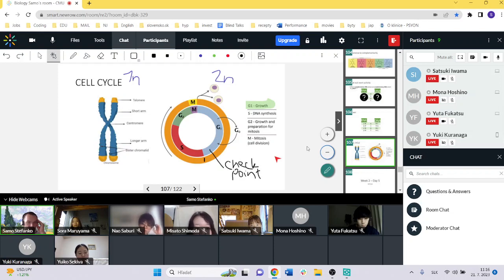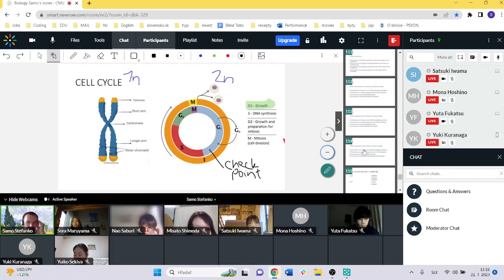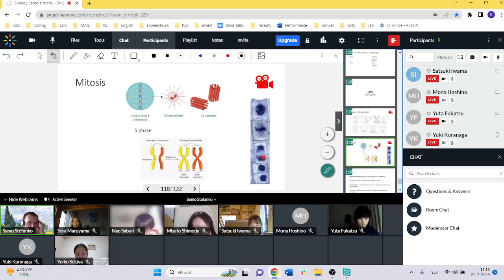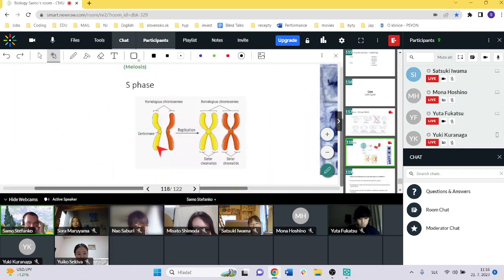Why is it important? Because usually our chromosomes look like this: one from the mother and another from the father. This is one chromosome, and together they form a homologous pair of chromosomes. So this is one pair, one chromosome and another chromosome.